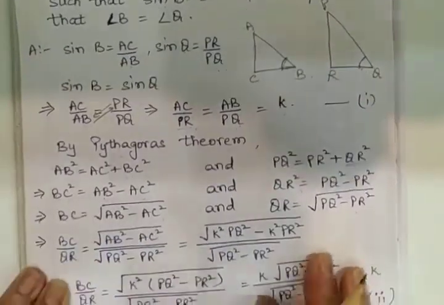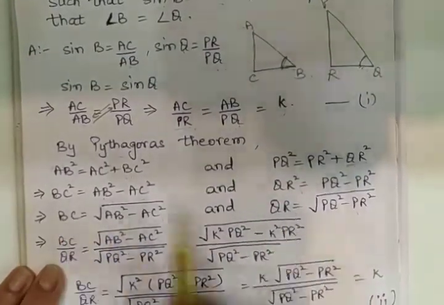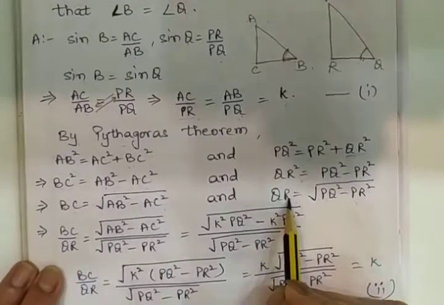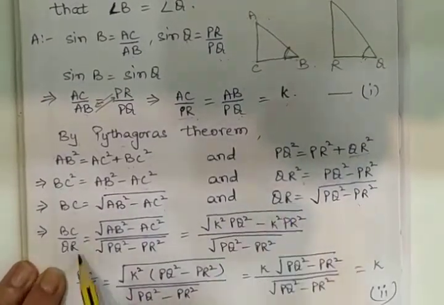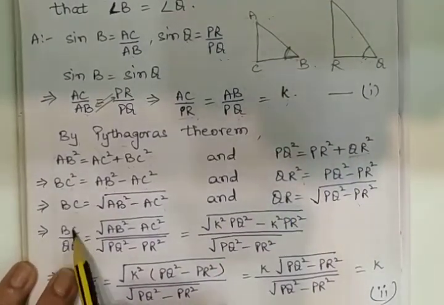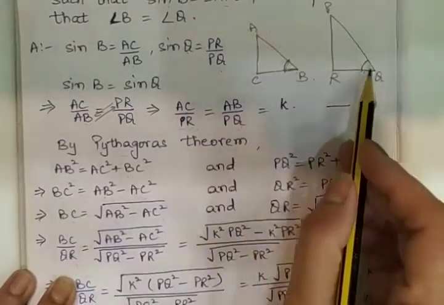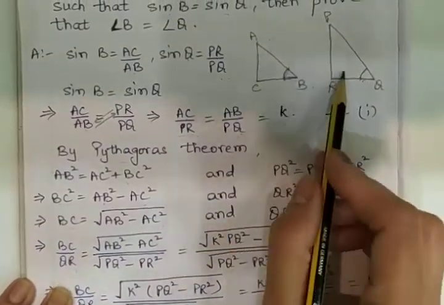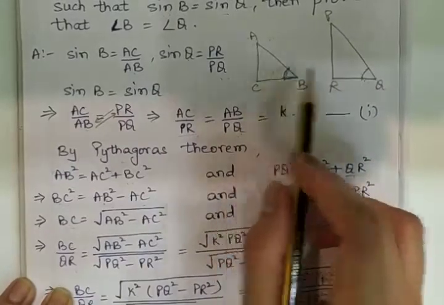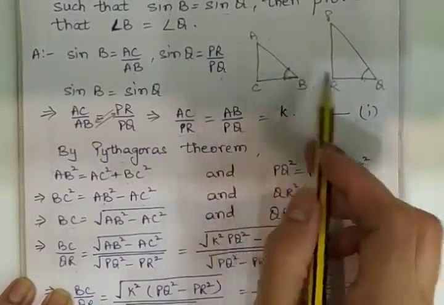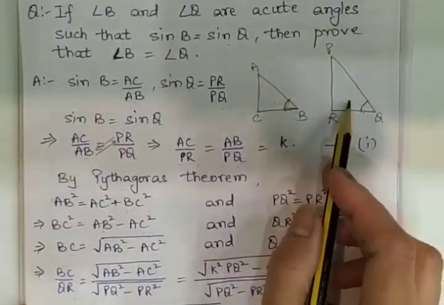Now if we take these two values in ratio, BC upon QR will become... why are we taking the ratio? Because to prove the angles equal, we have to prove that the two triangles are similar. So for similarity, what do we have to do? The ratio of the corresponding sides should be equal.